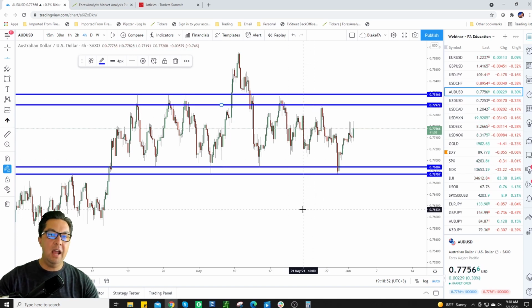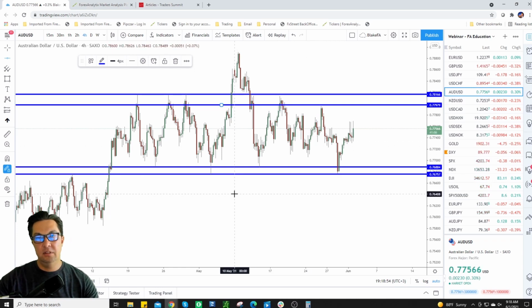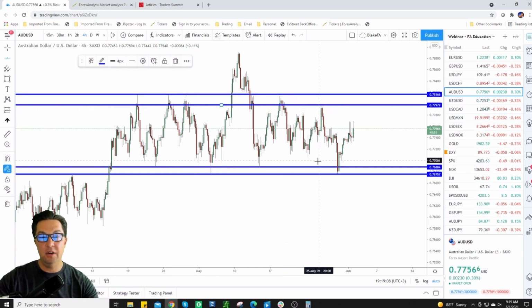Now you'll notice that I have a couple of different lines set up. That's because support and resistance is not an exact science. You look for zones in the market. So I tend to look for the highest price, the lowest price of different time intervals, or in this case, different candles. So every time these candles reach a certain level, I'll draw a support and resistance.